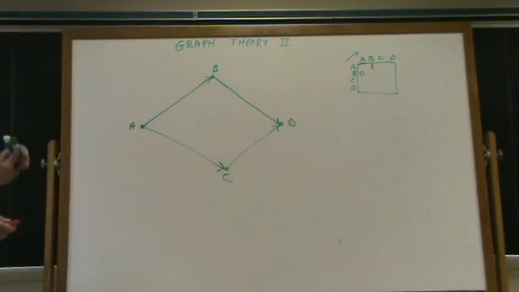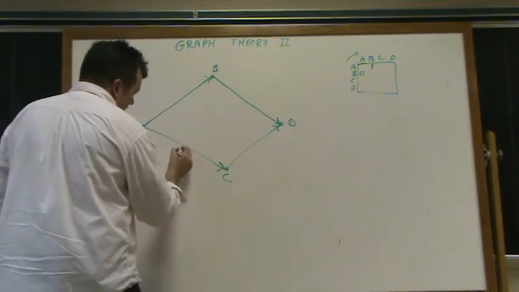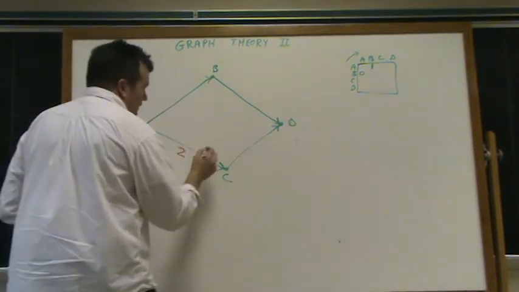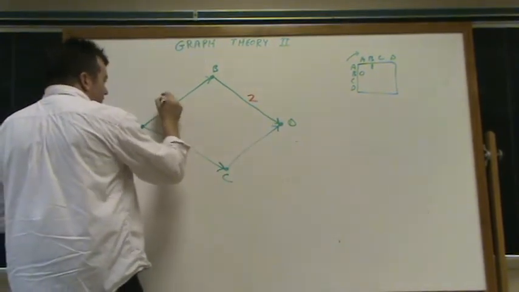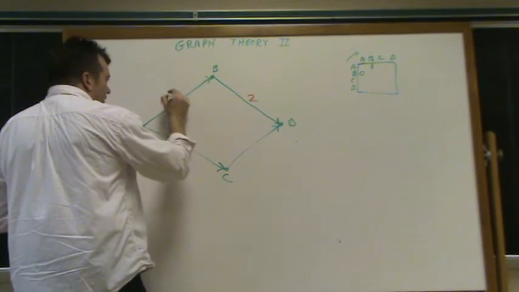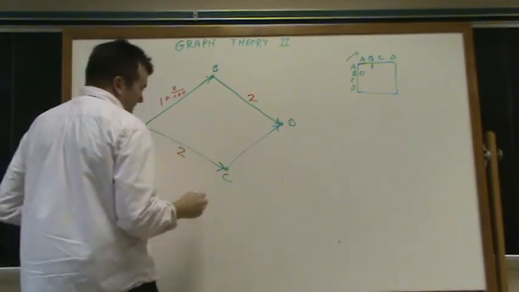Now what we can do, instead of having numbers, is we could have functions on the edges. So we could say, this one is a 2, this one is a 2, this one is 1 plus, let's say, x over 100. It's a function now.